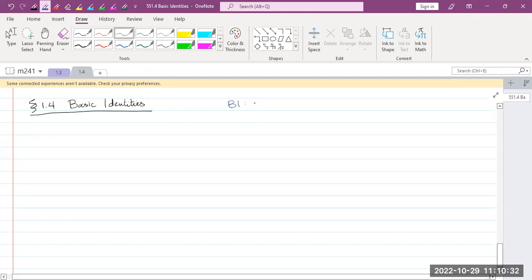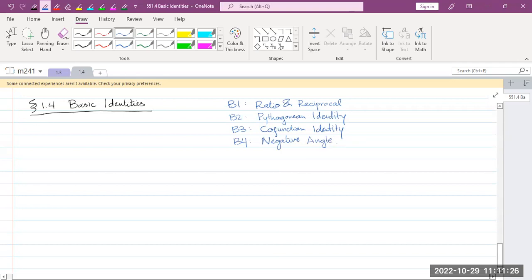Basic identity group 1 is on ratio and reciprocal. Basic identity 2 is Pythagorean identity. Basic identity 3 is on co-function identities, basically the co-function theorems. And basic identity for negative angle, which I will list later on, but we will not prove.